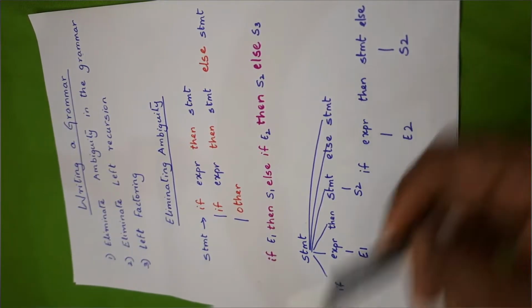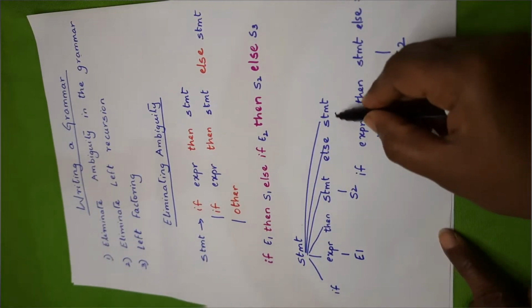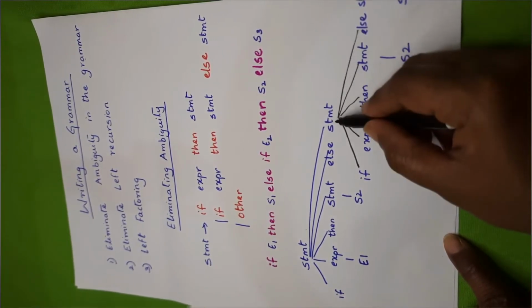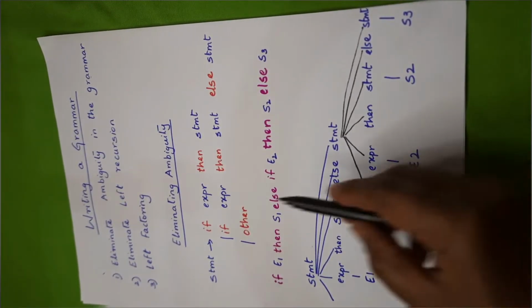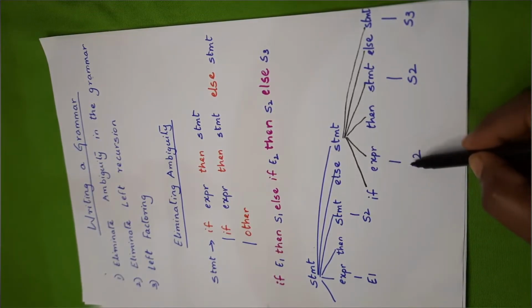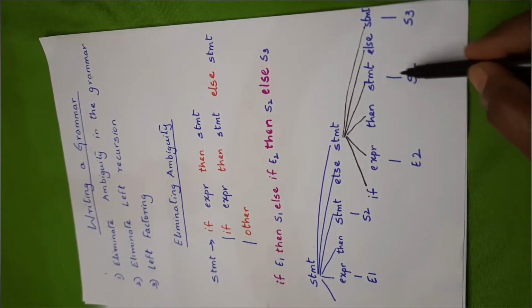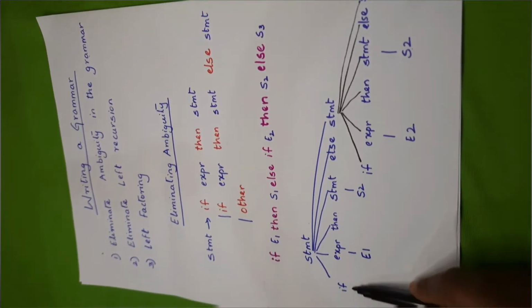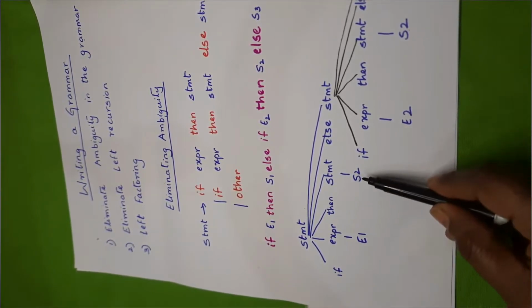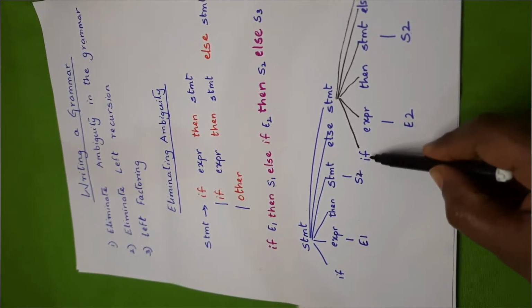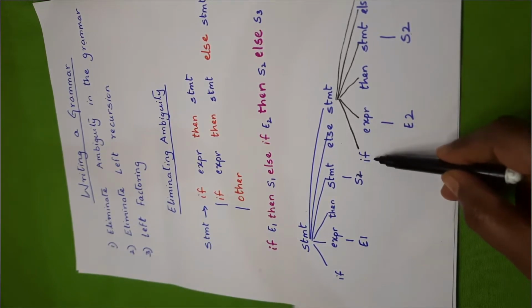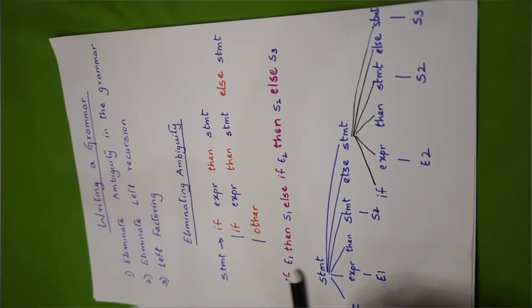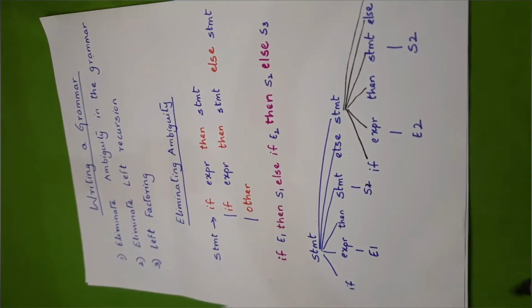This statement I will expand to if expr then statement else statement. Here this expr is E2, then statement will become S2, else statement 3. So: if E1 then S1 else if E2 then S2 else S3. So we have got this string, and this is how we will be parsing the string.